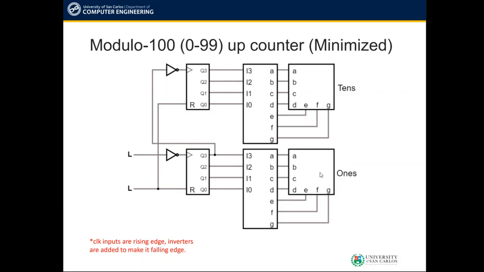So again, our condition is that whenever the output goes from 9 to 0, we add 1 to the tens place. So from 9 to 0 it toggles from high to low, and then triggers the next output or the next count.